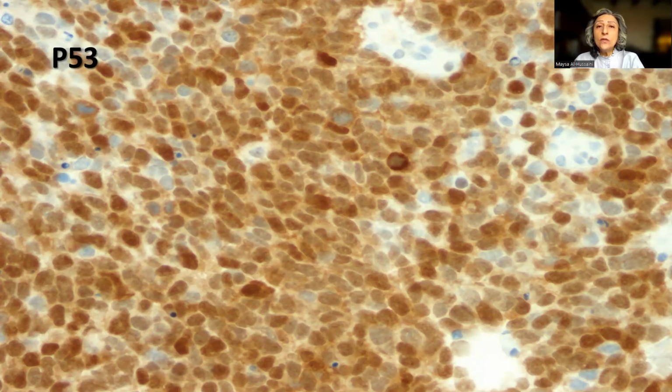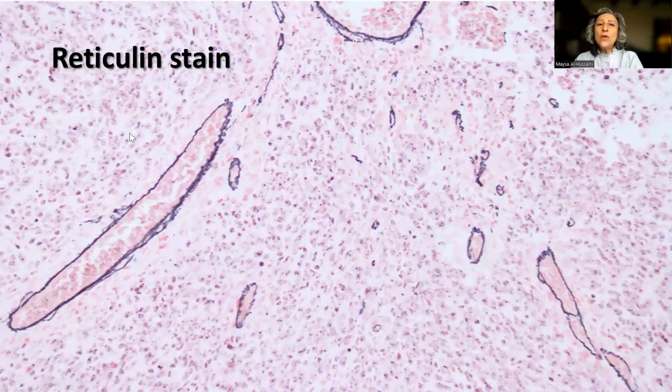And given the context of an SHH-activated medulloblastoma, this would be consistent with TP53-mutant medulloblastoma. We always do reticulin stain just to make sure that there is no desmoplasia and nodularity.